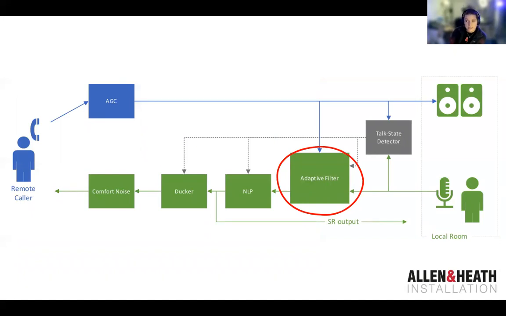People may just be furiously typing in the chat, but I will keep this open. I know this has been loads of information, but hopefully it has introduced you to the idea of what an acoustic canceller does and how it functions, particularly how it relates to the AHM64 and that processor. If you don't have any more questions and you just want to sit and stew on this for a little bit, that's absolutely fine.